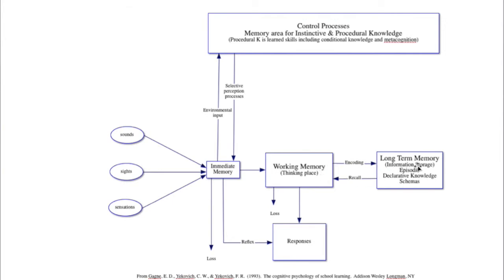That process of putting information into another storage space where it can stay and then bringing it back later when you need it is called encoding and recall. The place where we keep that information we're going to call long-term memory. Long-term memory is a place where we can store information. It's also a place where we can store experiences.